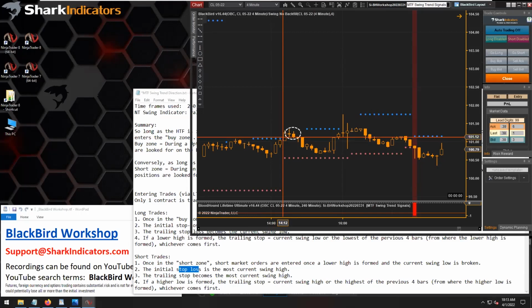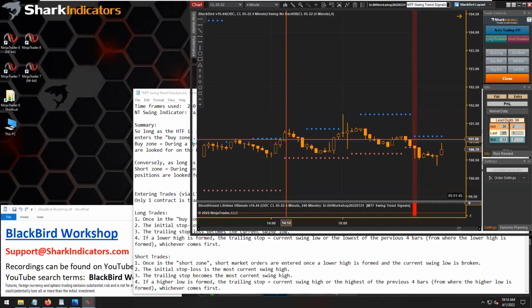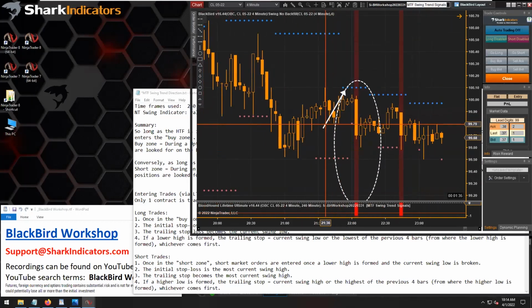So if a short signal occurred any time within here, there is no plot for the swing high, and so BlackBird would have to ignore that trade signal because there is no swing high to place your stop loss at. So just things to be aware of when you're using indicators to set your stop loss or profit target prices, right? Okay, so let's go back here.